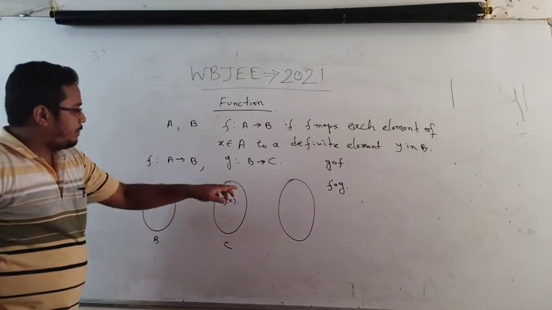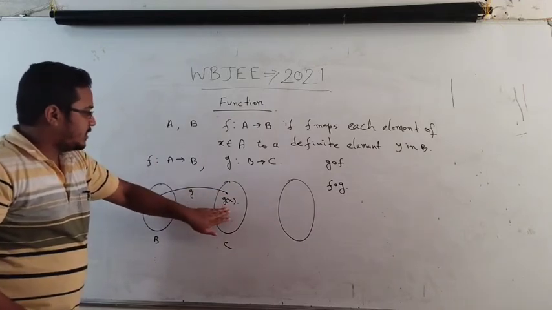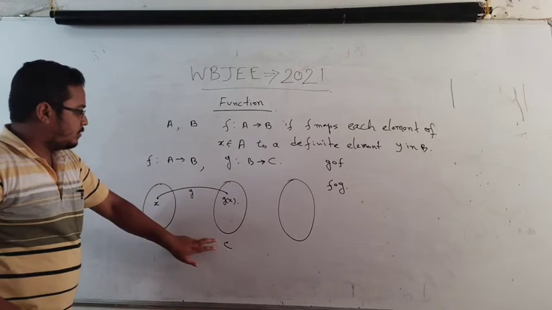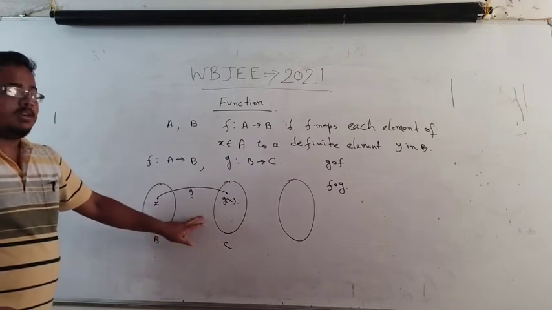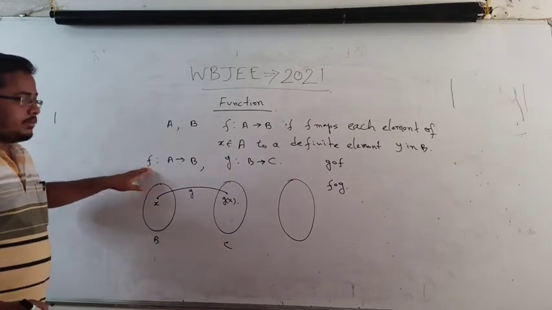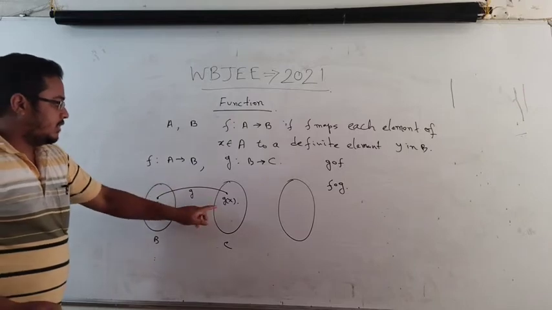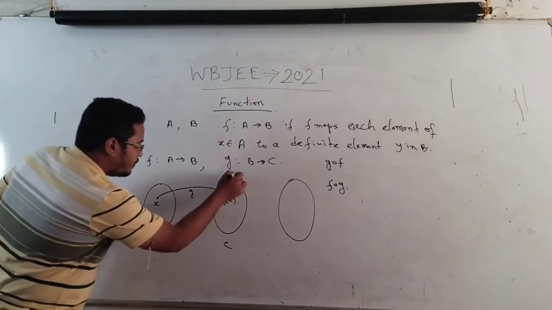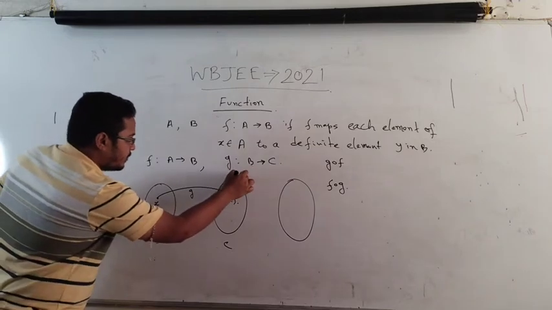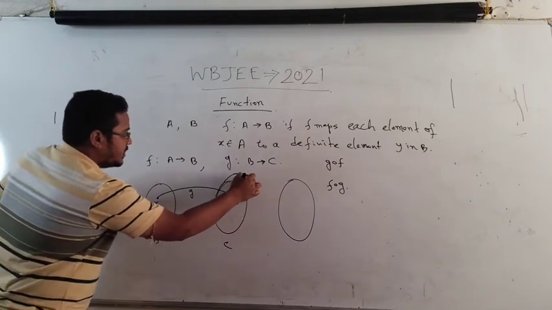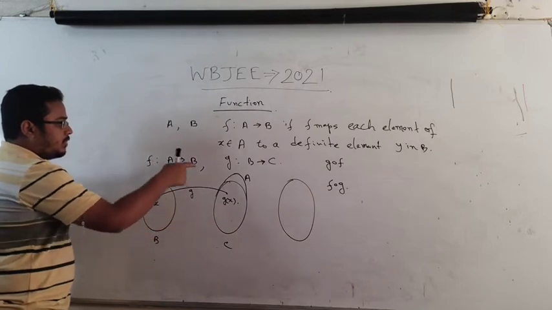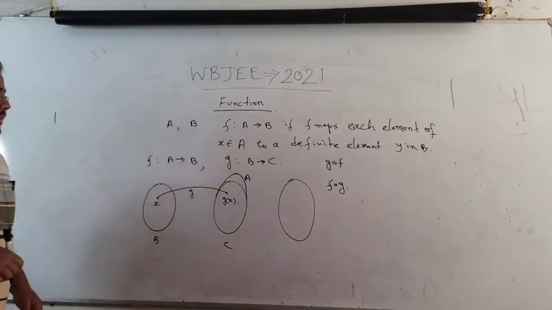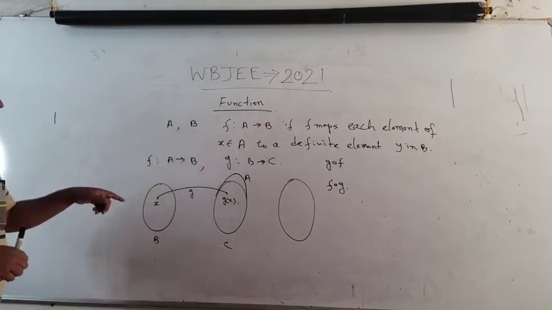So if f acts on g(x), then the codomain of g should be a subset of the domain of f, because otherwise f cannot act on this element. That element should be included in the domain of f. Therefore, if the domain of f is a superset of the range of g, only then will f act on this element.